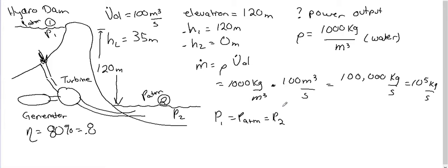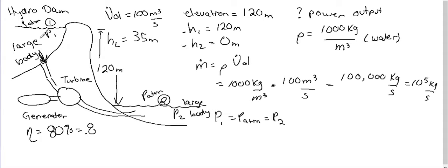Now the other thing that we have to look at is that when you have a large body of water, such as in a dam or a river or something like that, so this is a large body of water, and the same would be true at the outlet here. We have a large body. The velocity is not going to change the volume of the water at all.